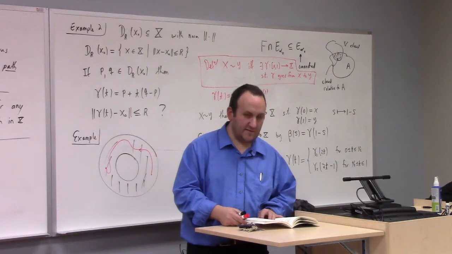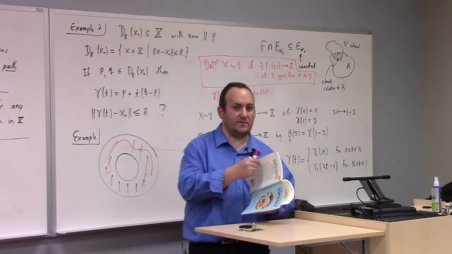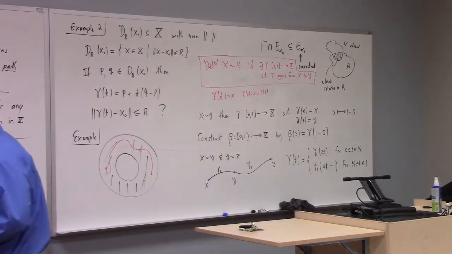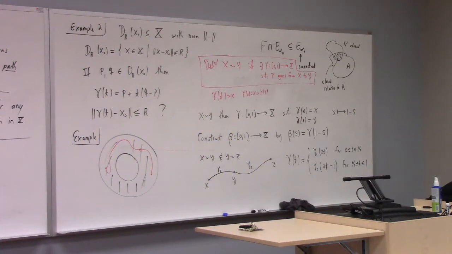Now, exercise 7 shows you that there's an inequivalence between path connectedness and connectedness. This is a very famous example, pretty much the only example anybody ever gives. I'll try to talk about it for a second here. This is the so-called topologist's sine curve, I believe.